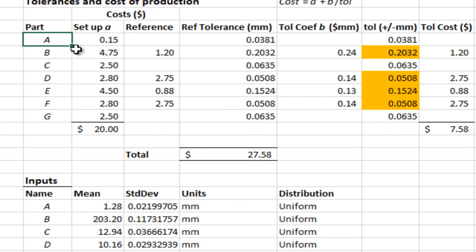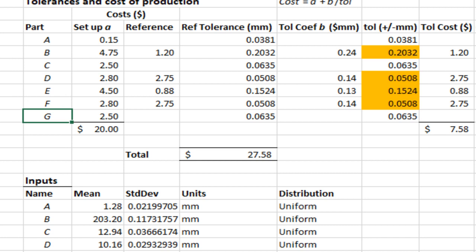A and C and G, they don't have a reference because they're from suppliers. If I remember rightly, A is the circlip, and C and G are the ball bearings. So you don't really have any room to move there with those. There's no point in talking about adjusting the tolerances and stuff. You get what you're given.